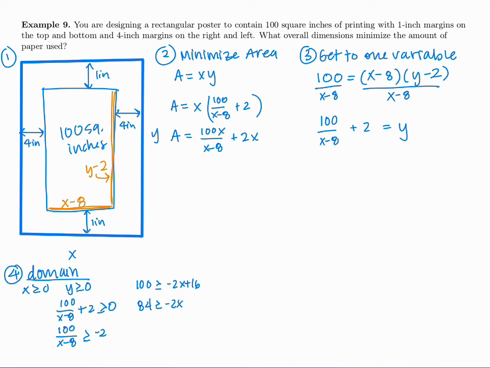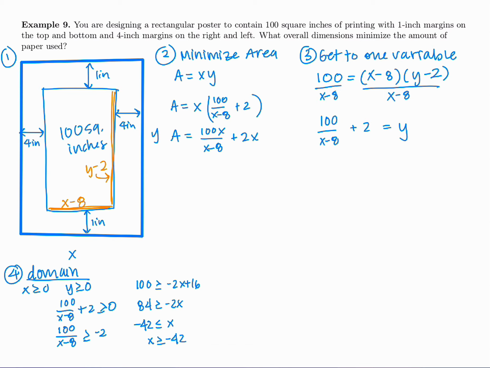Dividing by negative 2, I get negative 42, but I have to switch my sign around. So x is greater than or equal to negative 42. That's not super helpful. I already know x has to be greater than or equal to 0, so that takes care of that.